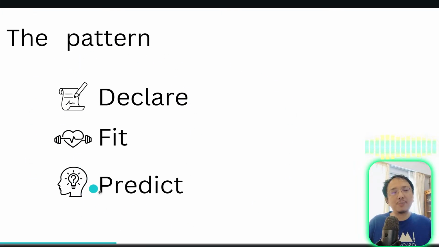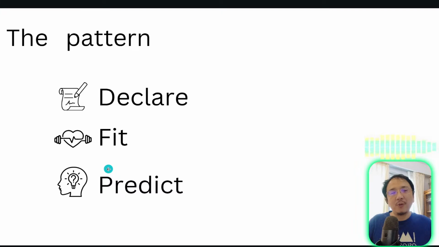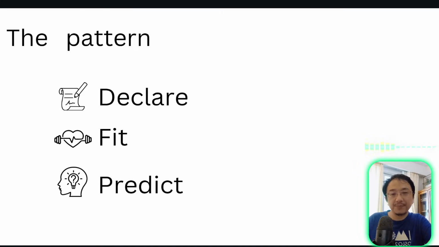Because this pattern is popular and a lot of people are familiar with it, a lot of libraries actually mimic the Scikit-learn pattern, which they call the Scikit-learn API. So after you're familiar with it, a lot of libraries are at your disposal.